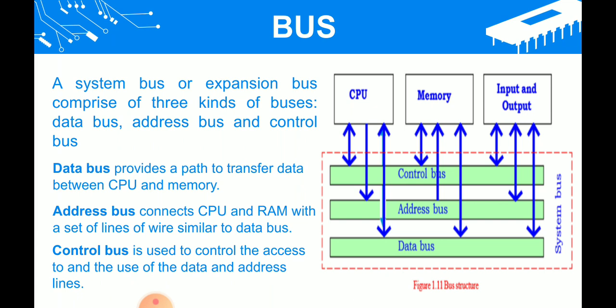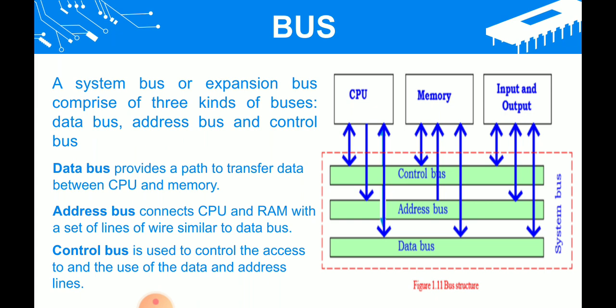And the next is the address bus. The address bus connects the CPU and RAM. So the data bus, what does it do? It transfers data between CPU and memory. Here the address bus will transfer the address instead of data. So in the address bus, address will travel from CPU to RAM.